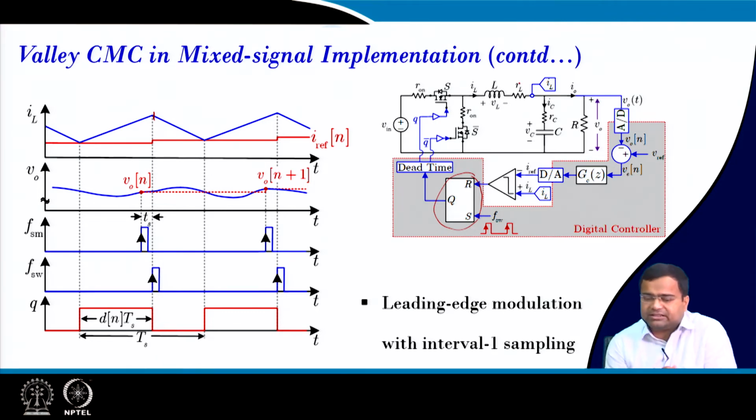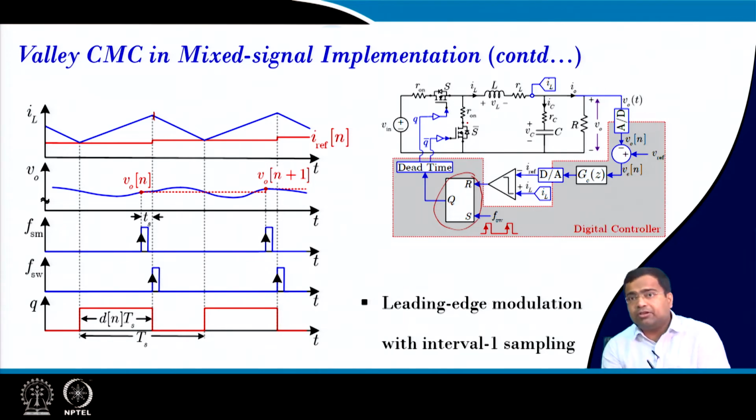But in many implementations, only the high side current is sensed. In such cases we can go for only peak current mode control in mixed signal realization. For valley current mode control, we need to sense the low side current. And when you go for variable frequency architecture, because valley current mode control is inherently unstable at low duty ratio operation, you need to consider ramp compensation.